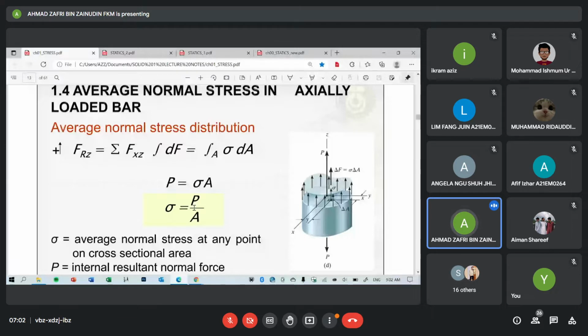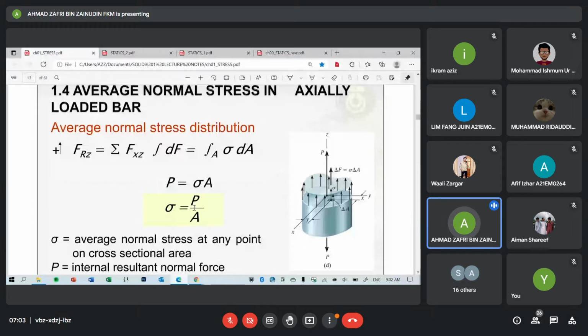Not this value that we input here. What we need to input here is the internal force, the force in the material. Normal internal force.